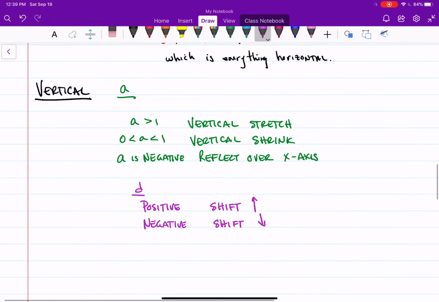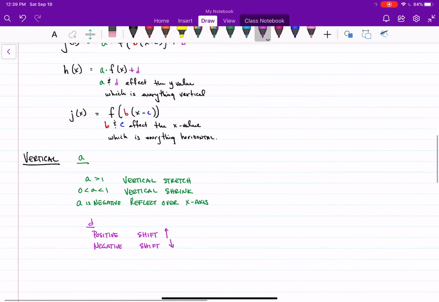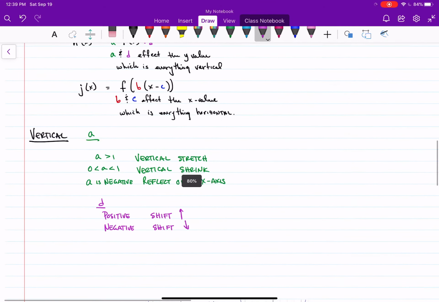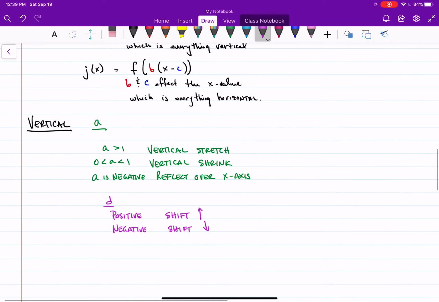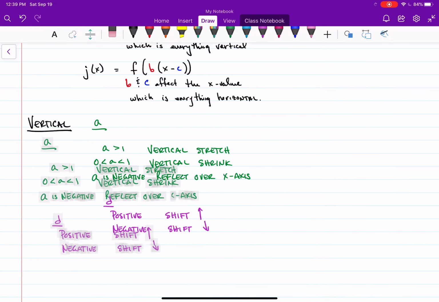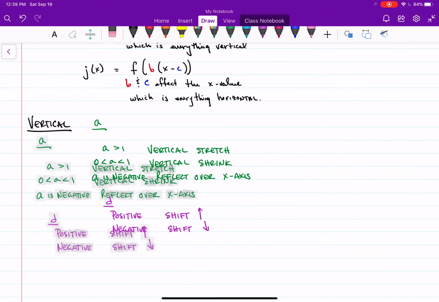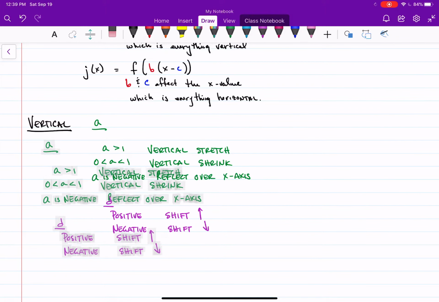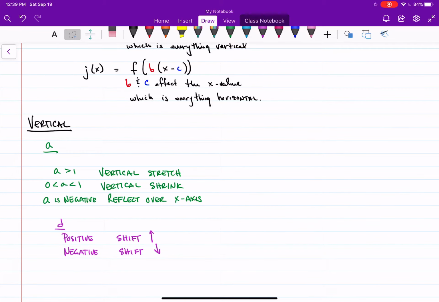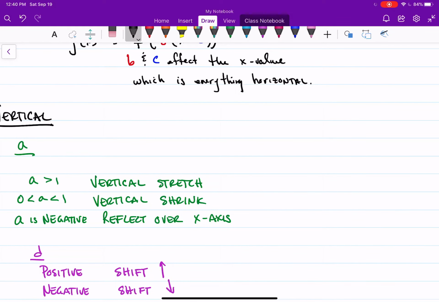That's how everything affects vertically. So actually, let's do this. Let's bring this whole thing right here and shift it right over here under vertical. There we go. Now the cool part is that I can put down horizontal over here.